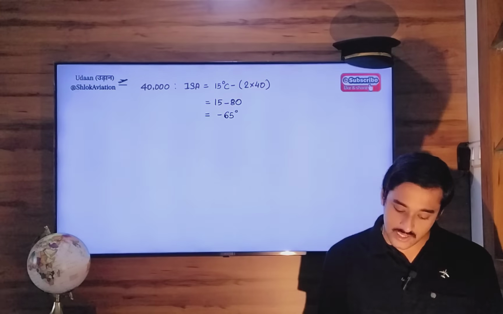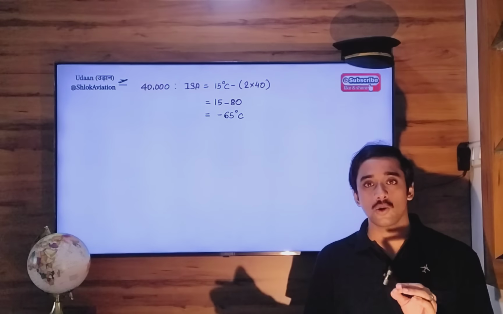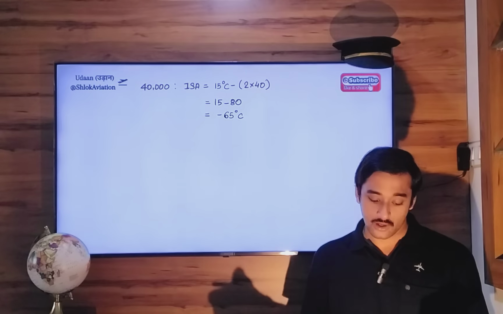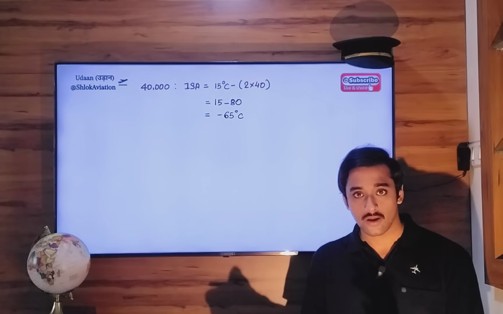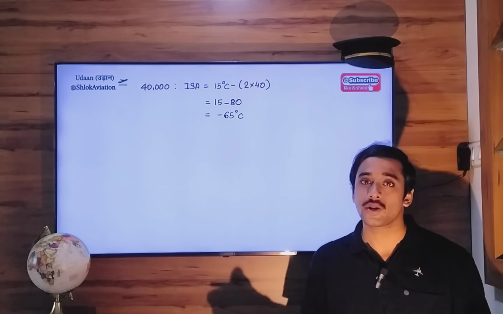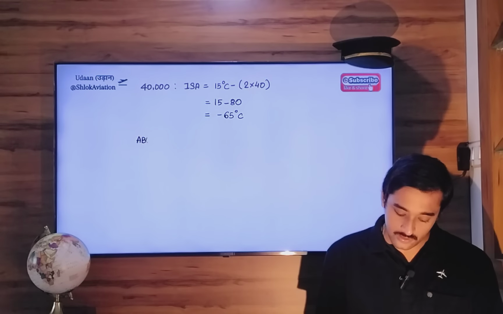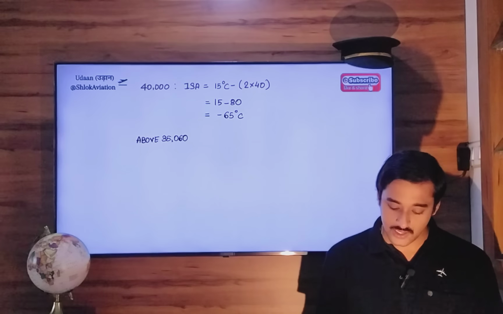But since we are flying in the ISA atmosphere, we know the rule of ISA. The rule is that above 36,000 feet, all temperatures are going to remain constant.